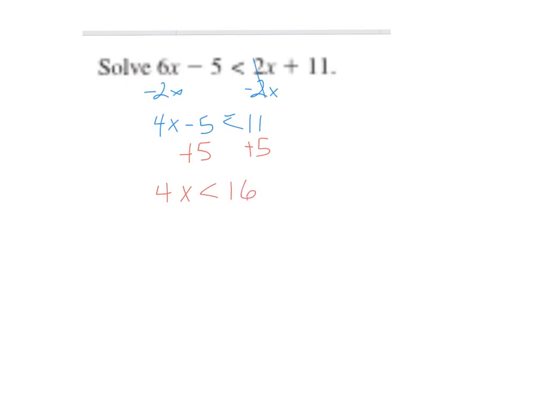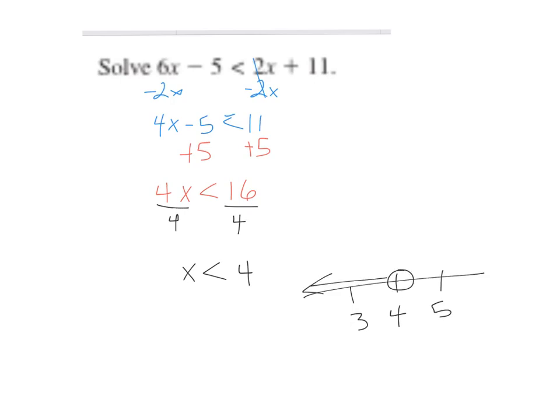Final step here, the inverse of multiplying by 4 is dividing by 4. That's going to give me x is less than 4. It doesn't say to graph this, but if we wanted to graph it, we would have 4, 3, 5, open circle to the left. Let's look at another example.